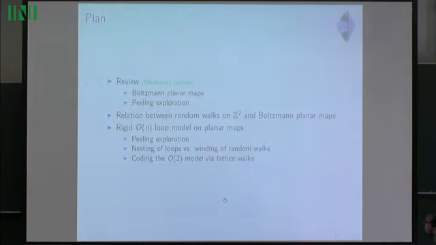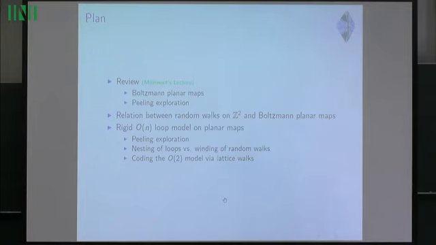So here is the plan of the talk, and again, I'm quite grateful to Gregory, who gave a very nice introduction on Boltzmann planar maps and the peeling process, which I'll briefly review. Then I'll start discussing how one can relate random walks on the 2-dimensional lattice to Boltzmann planar maps. After that, I'll see how far this can be extended to a statistical model on these planar maps, which is the O(n) loop model.